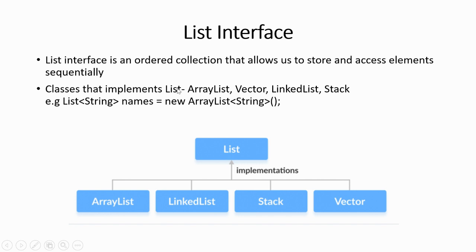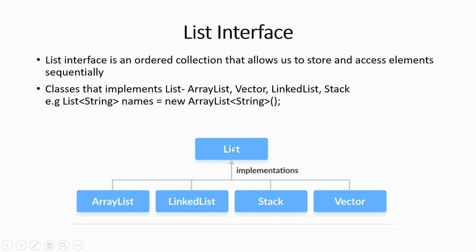The classes that implement list are ArrayList, Vector, LinkedList, and Stack. So what does this mean? As List is an interface, these four below are classes that implement this list interface. And the list interface, as we have seen from the second slide, extends the collection interface.